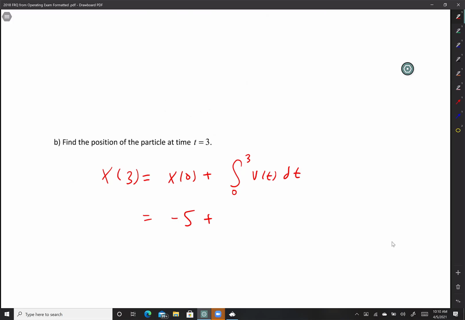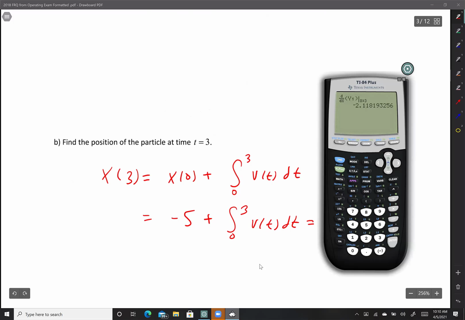I don't know what that is. That is some number. You know what? I'm just going to rewrite the integral again because I'm just going to type the answer. Here we go. I take my little calculator out again, and I'm going to go negative 5 plus math 9, 0 to 3.